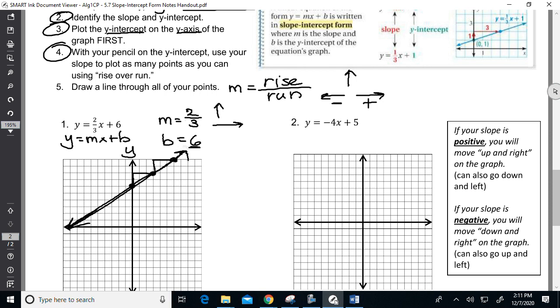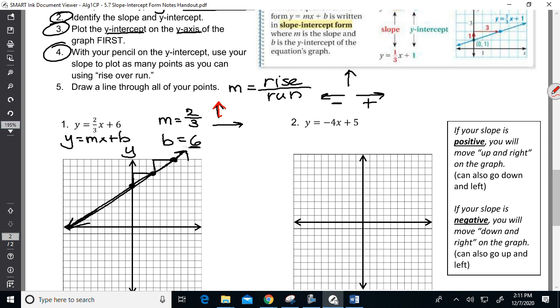Questions, example 1. So rise means you've got to go up. The first number was a 2, so that means you go up 2 spaces.